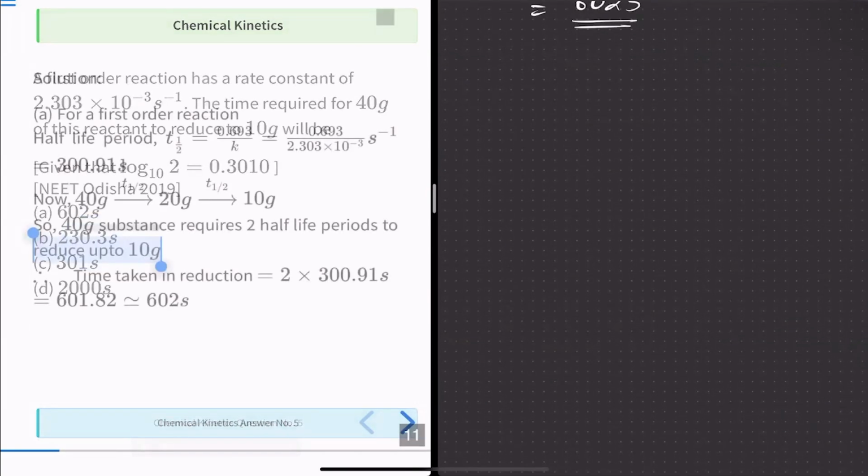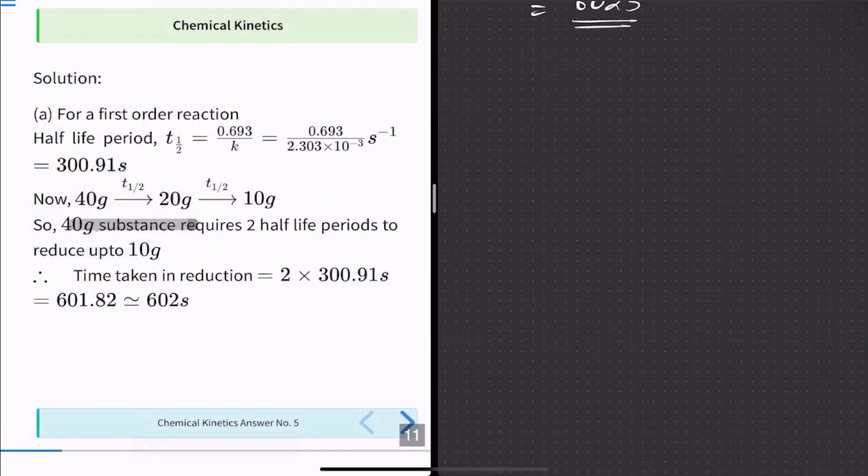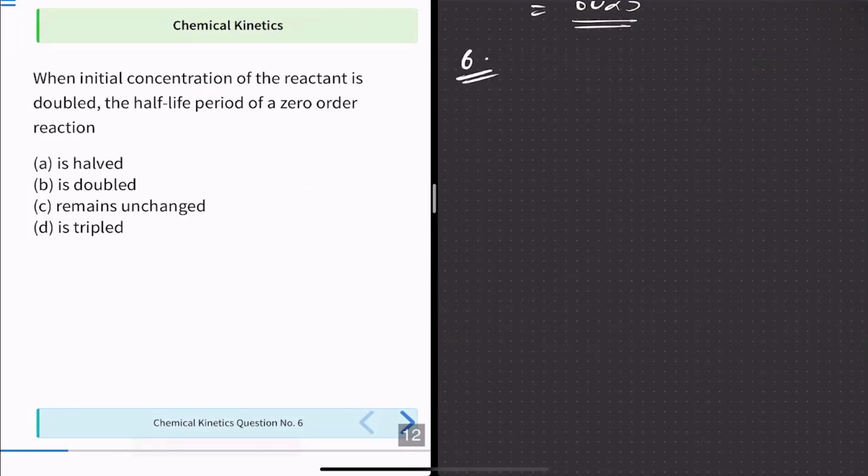Question number 6. When the initial concentration of the reactant is doubled, the half-life period of a zero order reaction. Look, there are three types of reaction: zero order, first order, and second order.